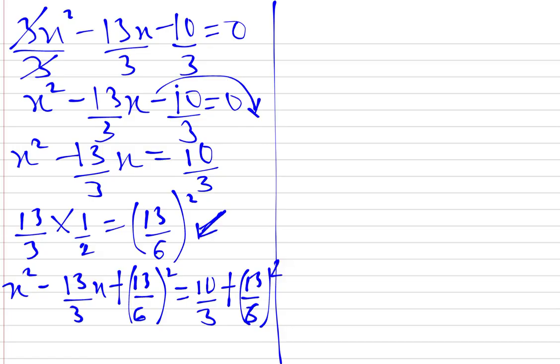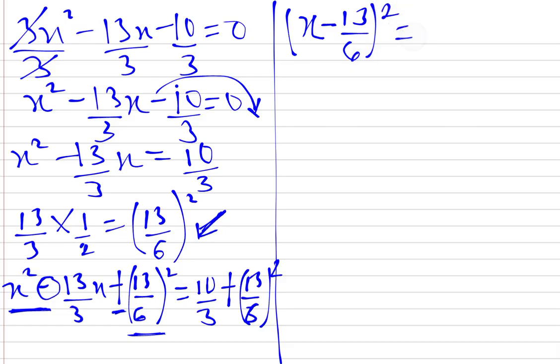So on this side, don't forget what I told you you will do on this left hand side. So you are going to have in brackets x. Now minus times plus. This minus here times this plus. Minus times plus will give us what? Minus. Then you write what is in the bracket, which is what? 13 over 6. Then you square it.